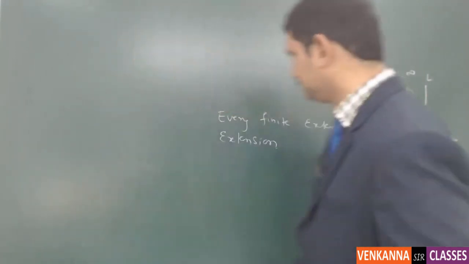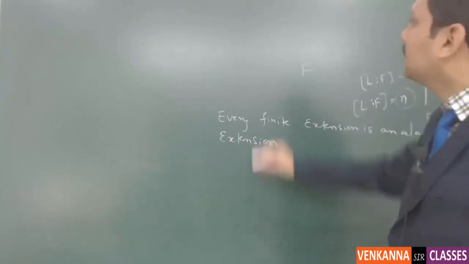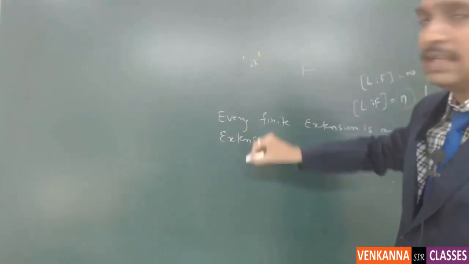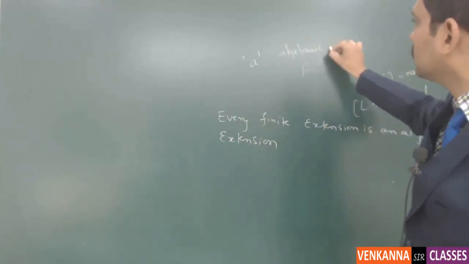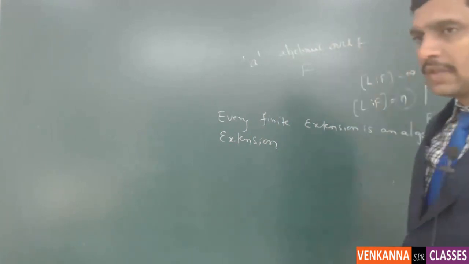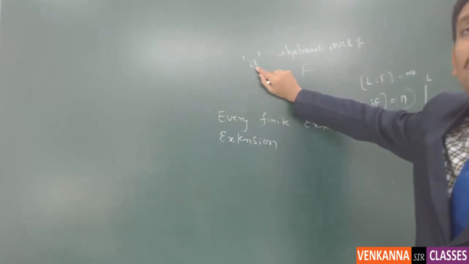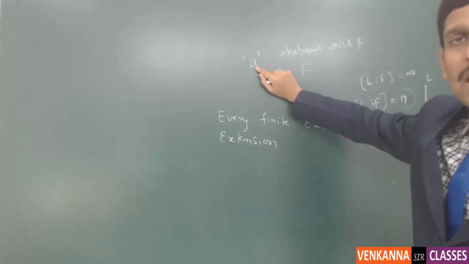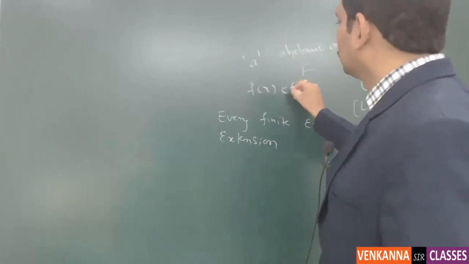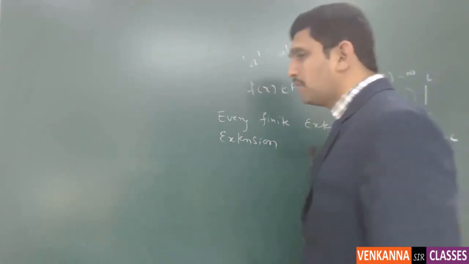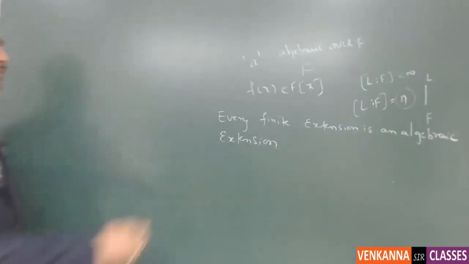Let me say, I have taken a field F. If I say that an element A is algebraic over F, it means that A satisfies a non-constant polynomial whose coefficients belong to the field F, and A is the root of that polynomial.